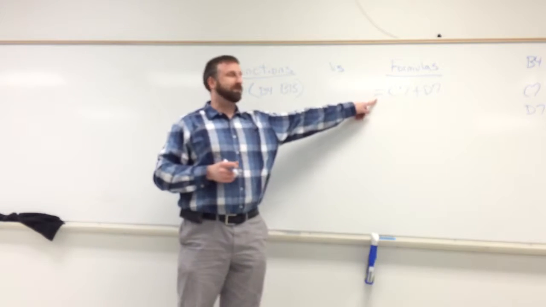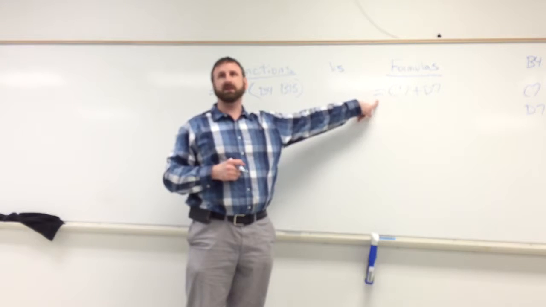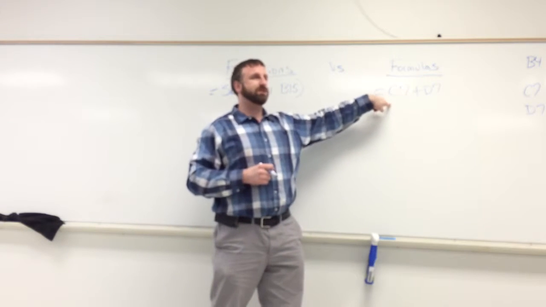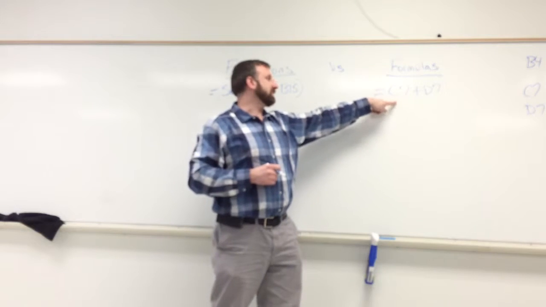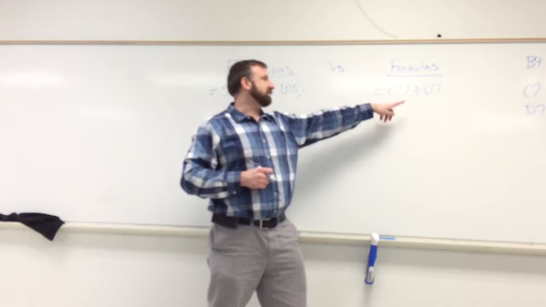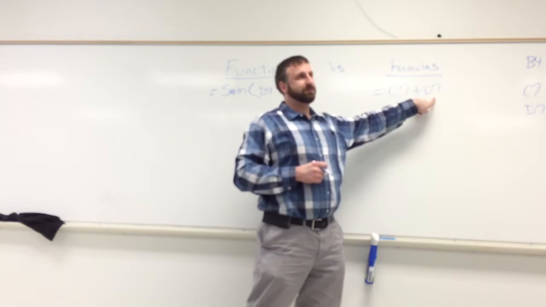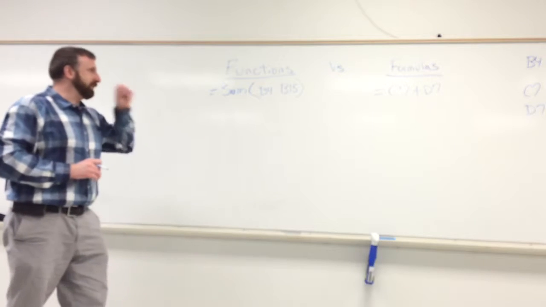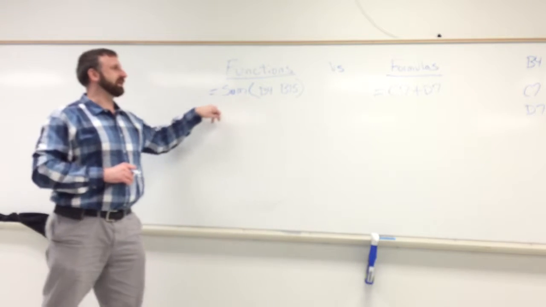So notice the difference here. We're pressing the equal sign to tell Excel we want to start a formula. We're doing one individual cell reference or one relative cell reference. You'll see that in your text. And we're adding another cell. That's one simple formula. You would not use a function in that case.